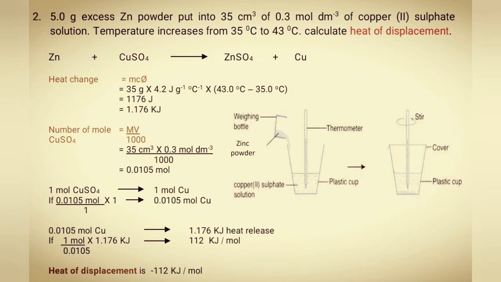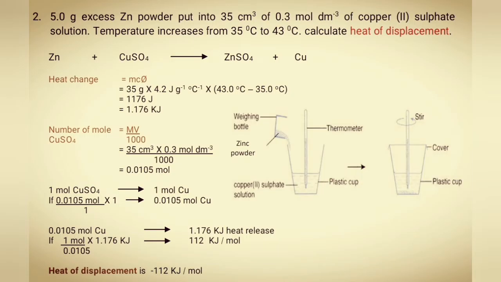And then to get the heat of displacement, we need to make a proportion between the number of moles of copper displaced with the quantity of heat released, to get the quantity of heat released when 1 mole of copper metal is displaced from copper(II) sulfate solution.